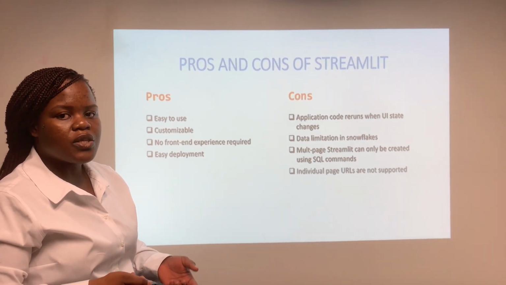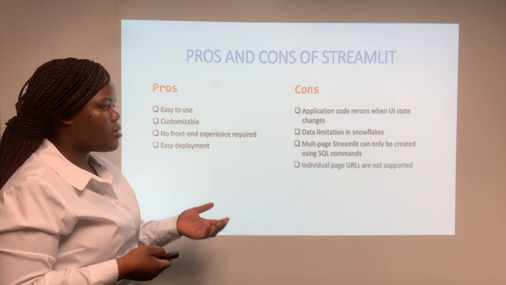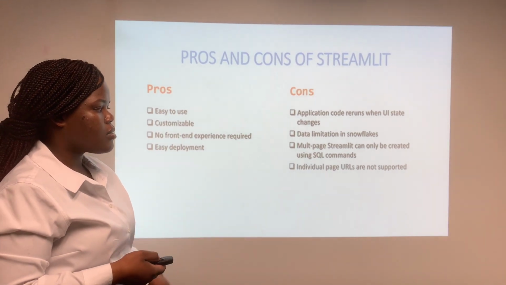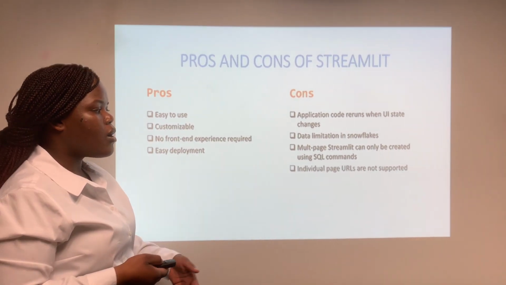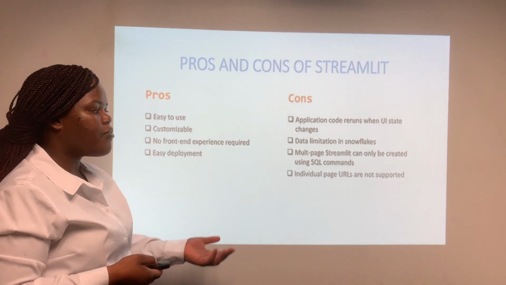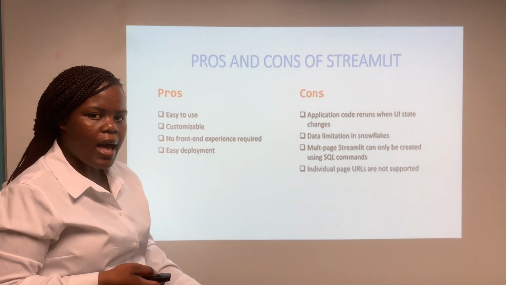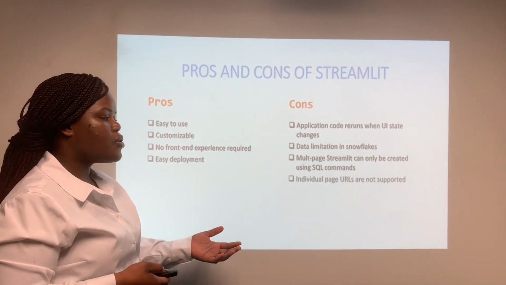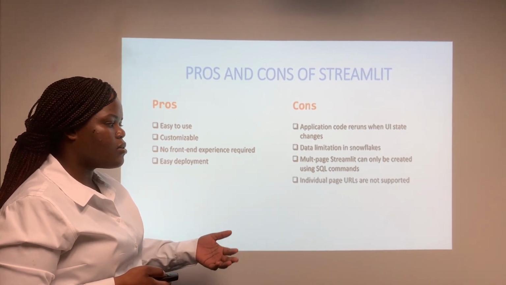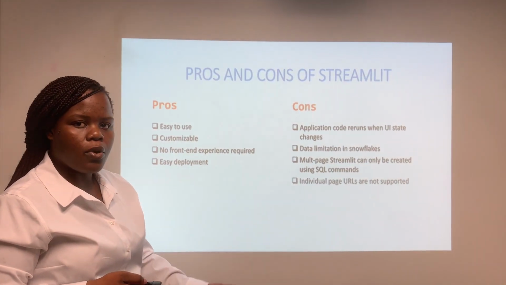So that is something you have to consider when using Streamlit with Snowflake. And when you're trying to run multiple pages, you would have to actually use SQL commands, and each page does not have a single URL to support it.